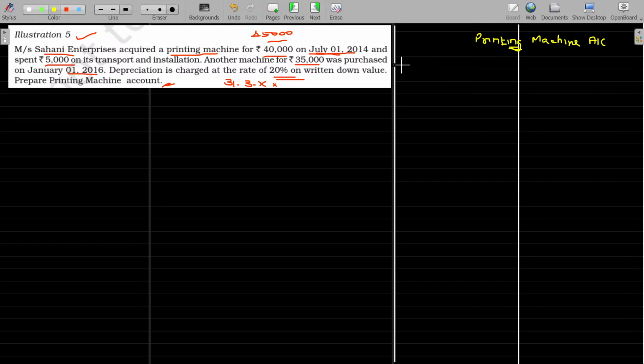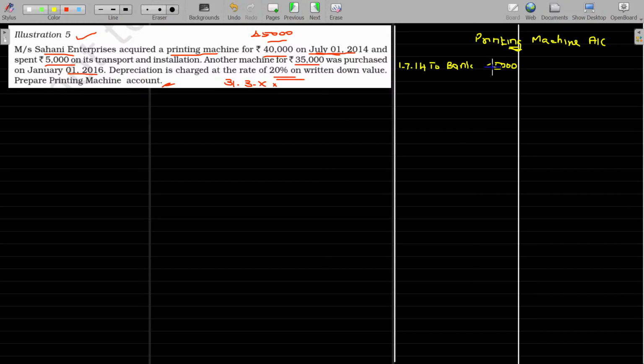On 1st July 14, to bank, the value of asset purchased being 45,000 including installation charges. And the other asset is purchased 2 years later, 1st January 2016.